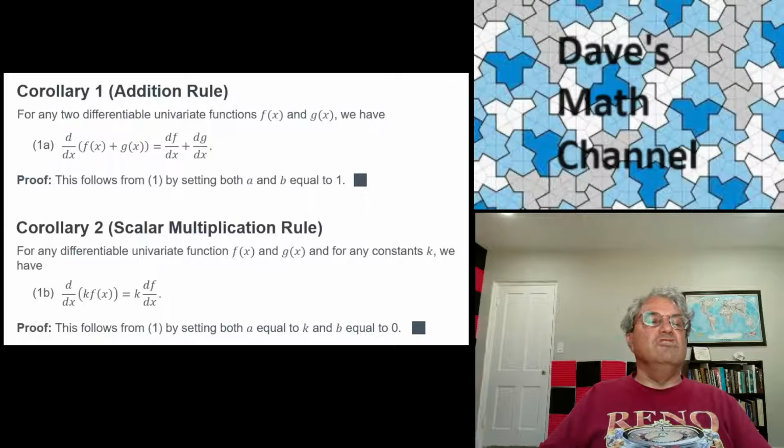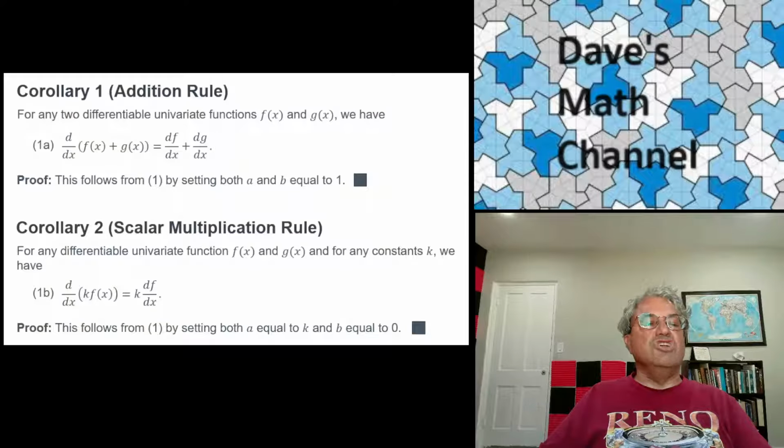This follows immediately from linearity if we let a and b both equal 1. You can see that: the derivative of 1 times f of x plus 1 times g of x is just 1 times df/dx plus 1 times dg/dx. So that follows as long as we let a and b both equal 1. I think that's pretty easy to see.